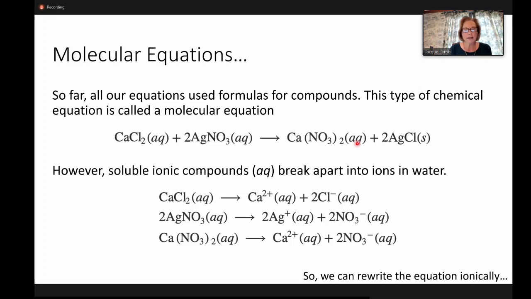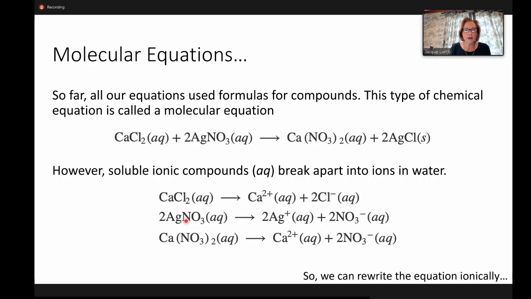So your calcium chloride becomes calcium 2+ aqueous and chloride aqueous. Notice that the 2 in the CaCl2 becomes a coefficient. That's because Cl2 2- doesn't exist. Chloride ions are Cl-, but we have 2 of them to balance each calcium ion.